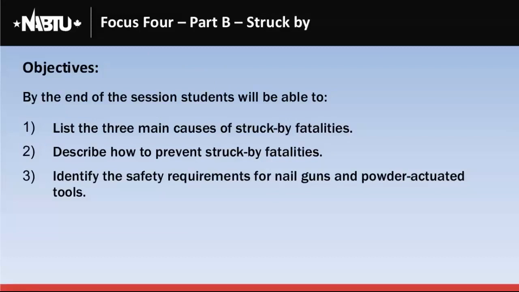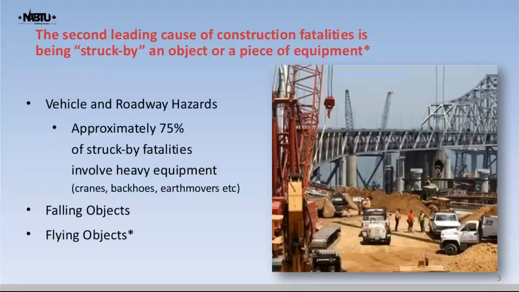But first, let's talk about the leading cause of fatalities in the Focus 4 struck by, and that is vehicle and roadway hazards. Approximately 75% of the fatalities that are struck by are involved in heavy equipment. What are we talking about?